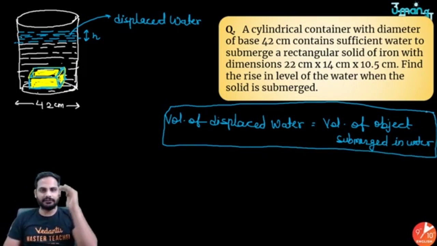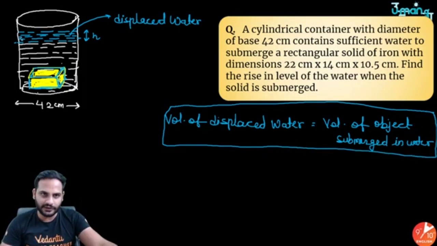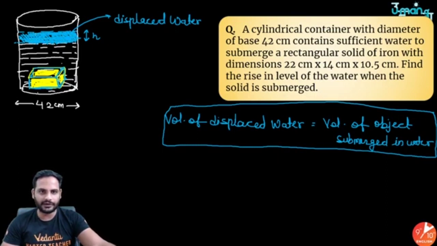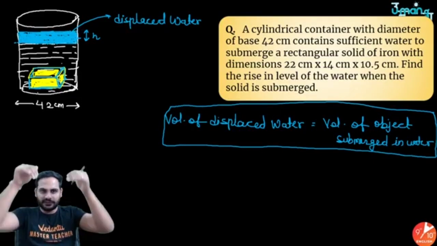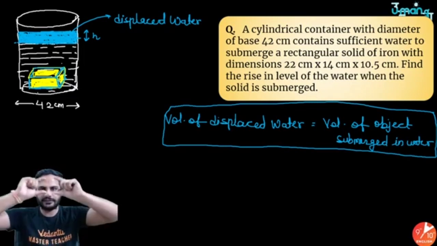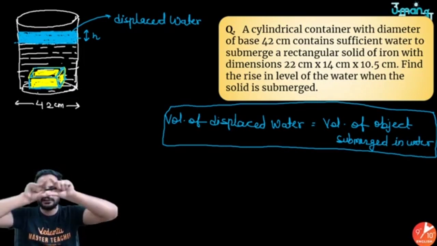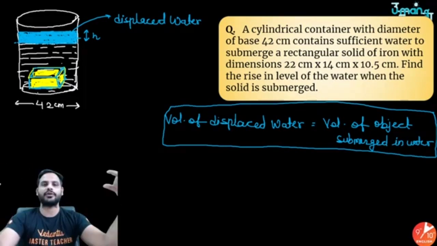So the water level which has risen: the volume of displaced water, that means the water amount which has displaced, this blue part of water which has changed its position, so this height. This part is also a cylindrical portion only. Water takes the shape of the vessel, so the shape of the vessel is a cylinder, so this increased part of height h will also be a cylindrical block of water.